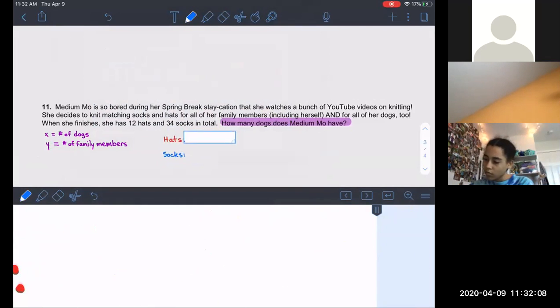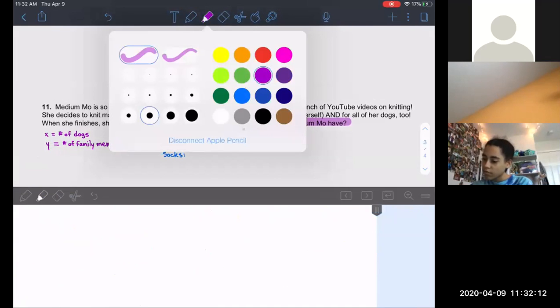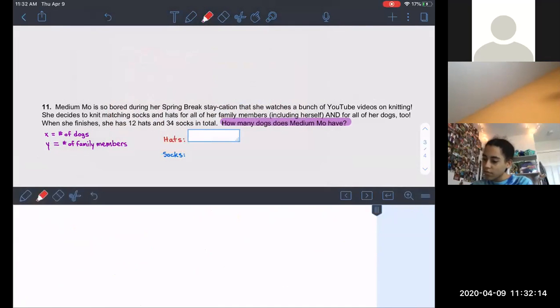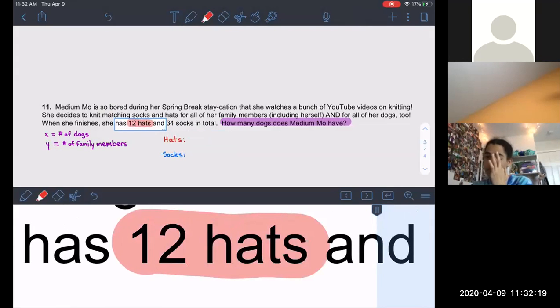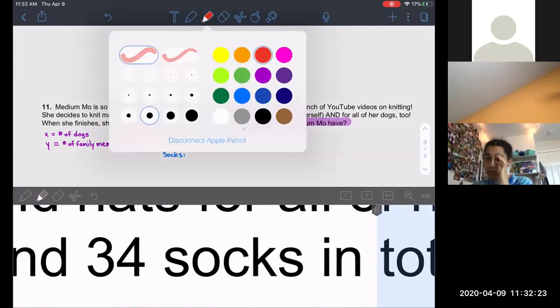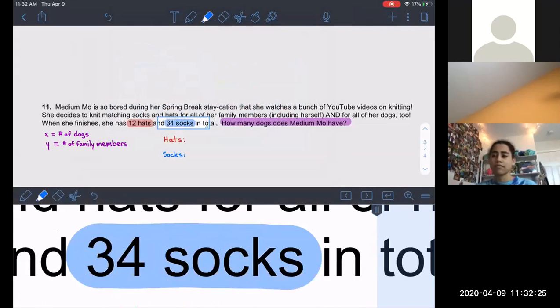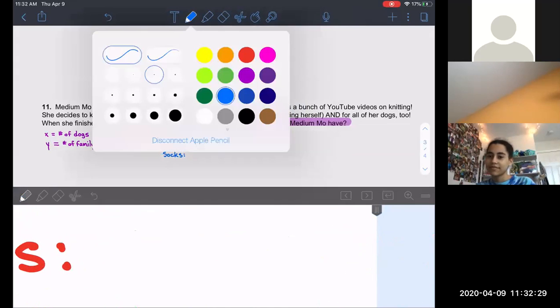So let's go back and find some information. She made 12 hats, and then she made 34 socks. That's what we need to help us write these equations.